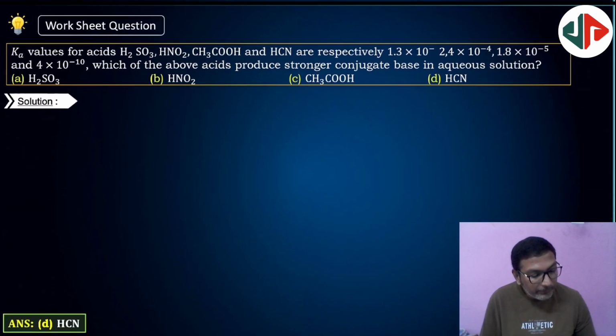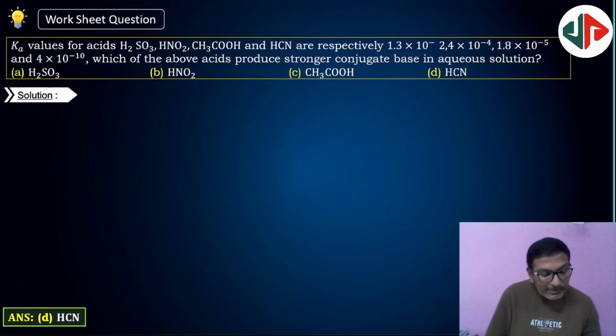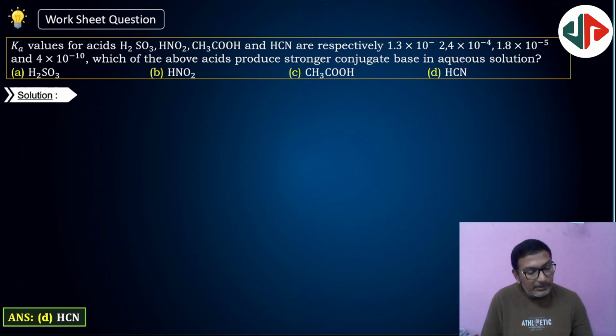Next. Ka values are given for H2SO3, HNO2, CH3COOH, HCN respectively. Which is the strongest conjugate base?